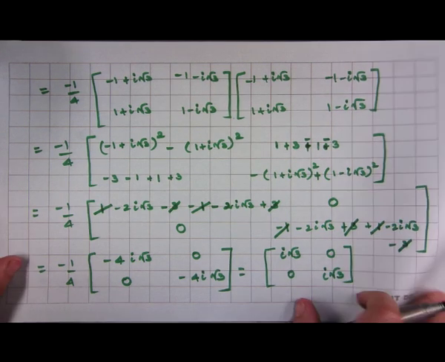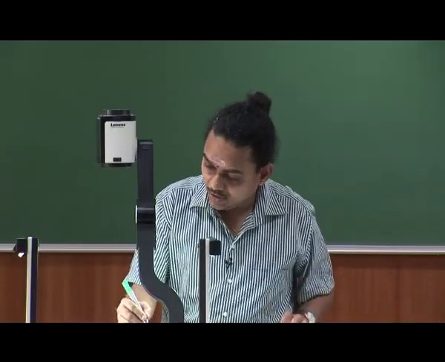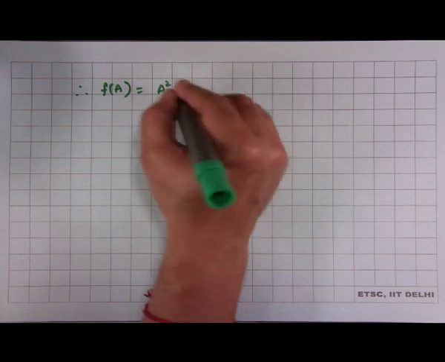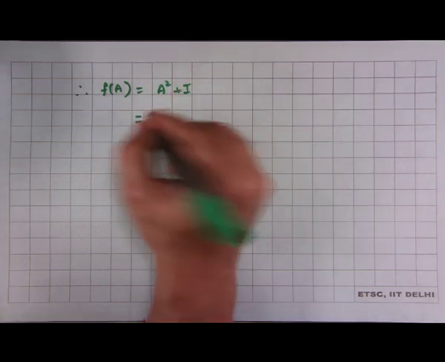Now, let us try to calculate f of a. Therefore, f of a equal to a squared plus I. What is a square?